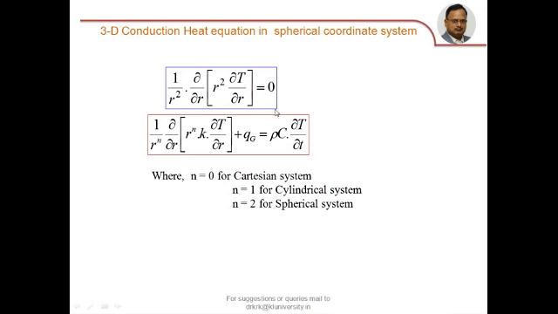So in general, based on the three-dimensional conduction equation developed for Cartesian, cylindrical and spherical coordinate systems, when it is considered as only one-dimensional with internal heat generation under unsteady state, for all these three, spherical, cylindrical and Cartesian systems, the equation can be written in a generalized form as 1 by r power n ∂/∂r of (r power n into k ∂T/∂r) plus q_g equal to ρc ∂T/∂t.